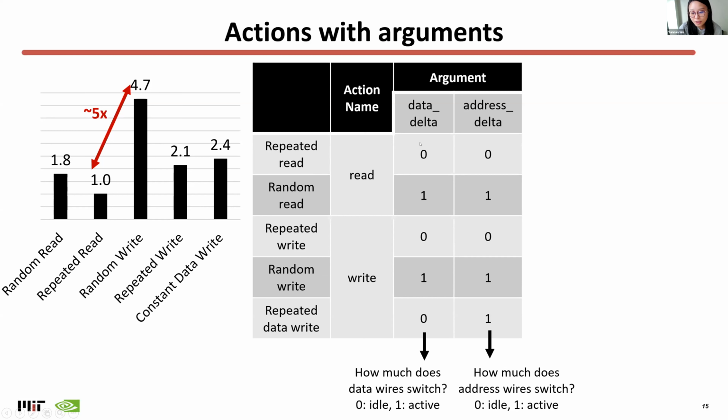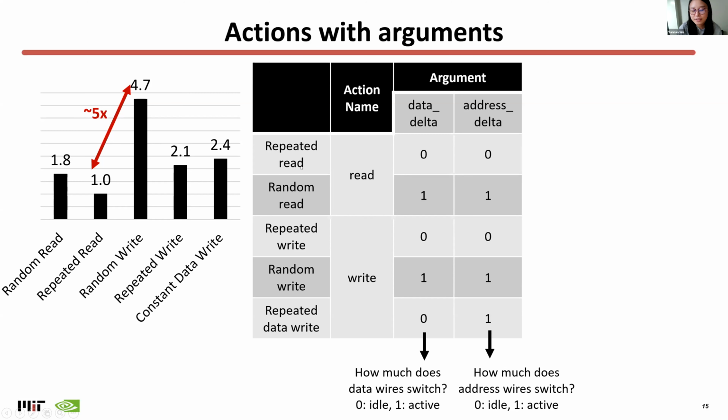So the data delta means how much does the data wire switch. And in this case, since we're reading the same data out for some consecutive cycles, the data delta will be 0. And the address delta is asking us how much does the address wire switch. And since for the repeated read case, we're still reading the same address out, it also has a 0 delta.